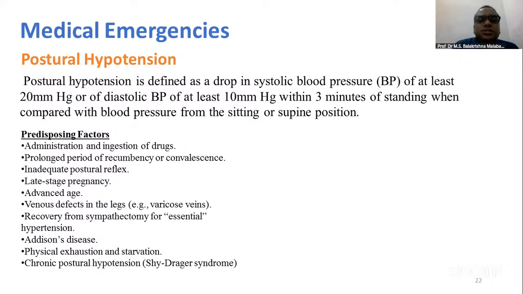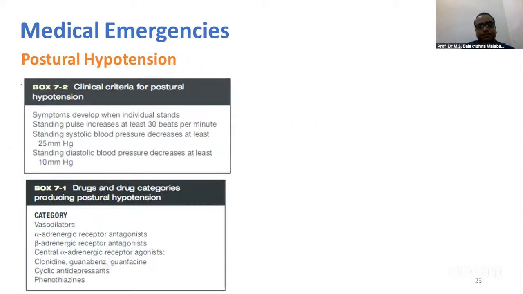Maybe the patient is on many drugs, or prolonged period of recumbency, or convulsions, or is lying down for a longer period of time. Postural reflex is not correct, inadequate. Or in late stage pregnancy, patient is of advanced age, there could be venous defects in the legs, Addison's disease, right? So these are all the conditions you should know where there could be postural hypotension.